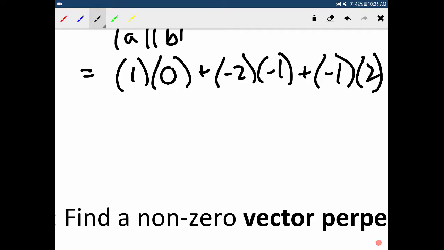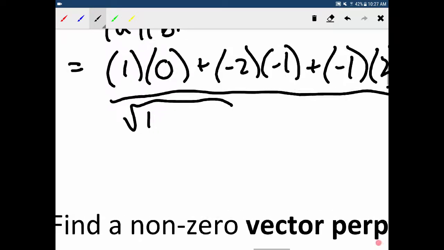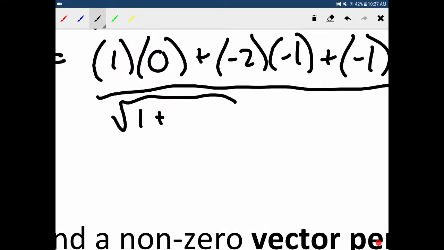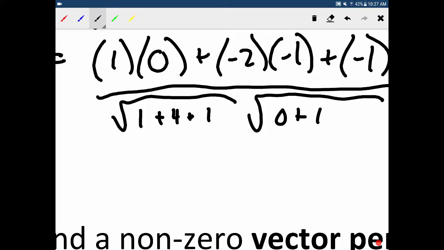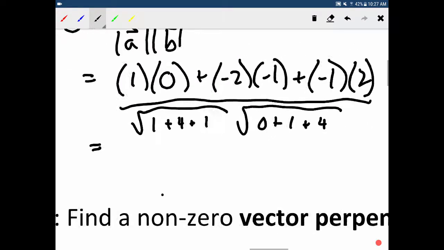And then we're going to divide by the square root of, I'm just going to skip a little step here, 1 plus 4 plus 1, and then we'll have 0 squared plus negative 1 squared is 1, and plus 2 squared is 4.